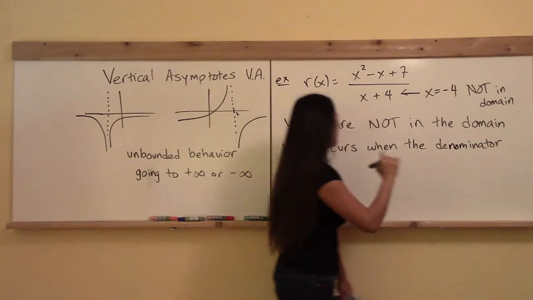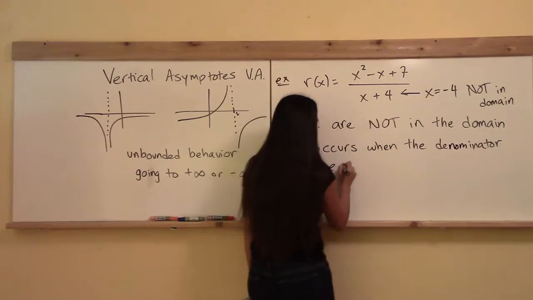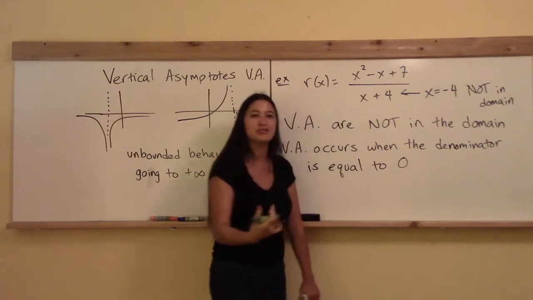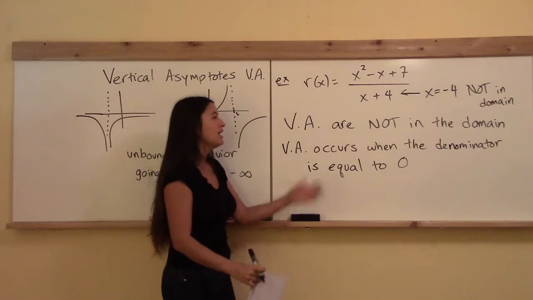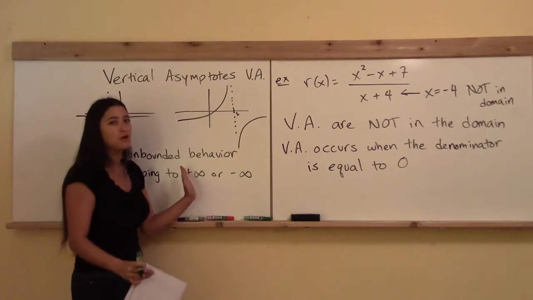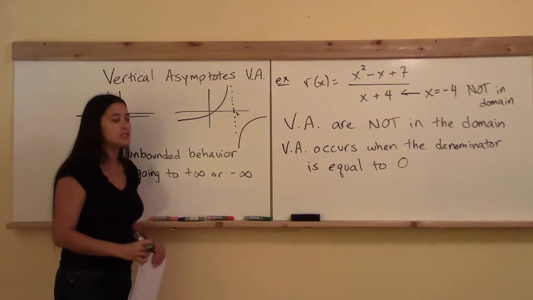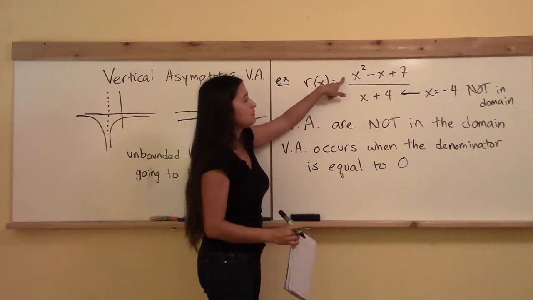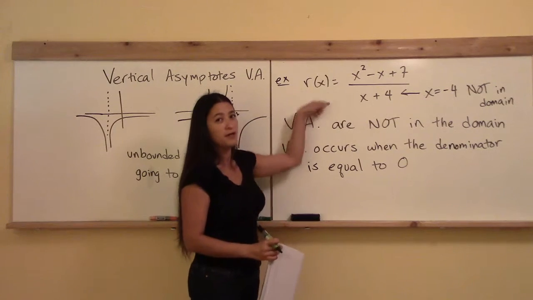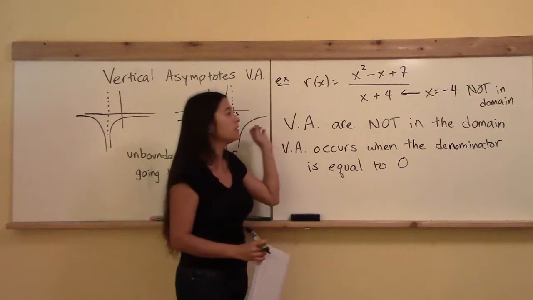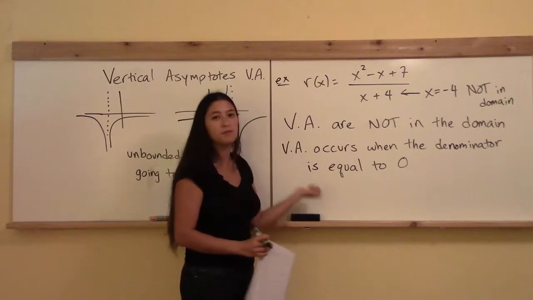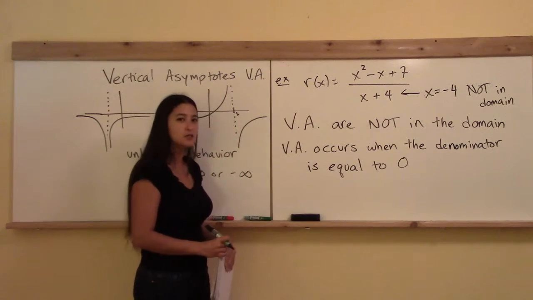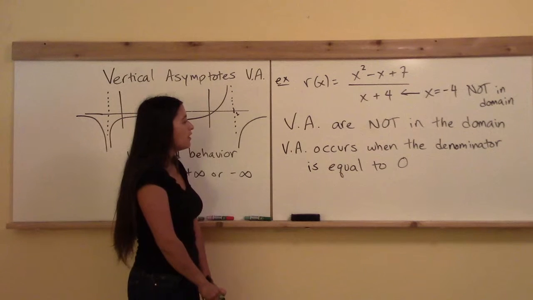Because when it equals 0, then you're in a divide by 0 scenario, and your function is most likely blowing up. The only exception to that is if you're dividing by 0 on the bottom, and you actually happen to get 0 on the top as well. That's known as an indeterminate form. That's a little bit beyond the scope of this class to really discuss in detail. You can see a class on calculus or pre-calculus for that.